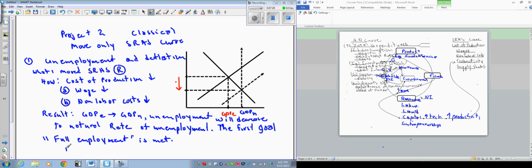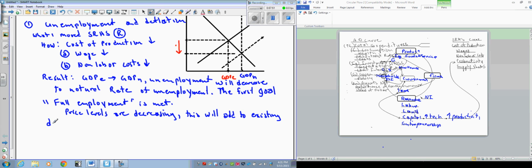Now, the price level in this case is decreasing. This is going to add to existing deflation.